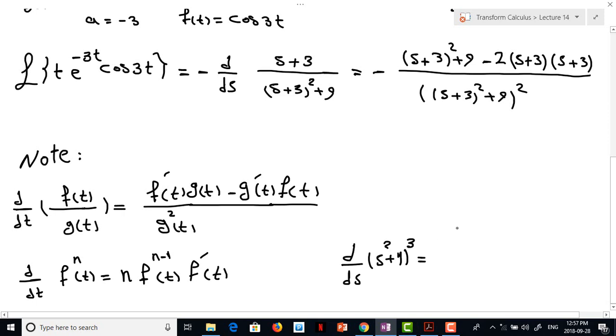It's 3, which is n here, times f, which is s squared plus 1, to the power of n minus 1, so (s squared plus 1) to the power of 3 minus 1, which is 2, times the derivative of f. The derivative of s squared plus 1 is 2s.